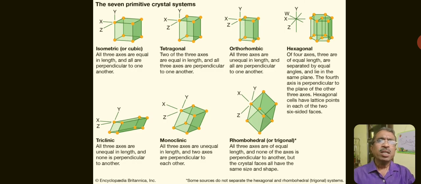Now there are 7 different unit cells. These 7 different unit cells are named cubic, tetragonal, orthorhombic, hexagonal, triclinic, monoclinic and rhombohedral. These 7 crystal systems differ in the crystal axes and also the interfacial angles.